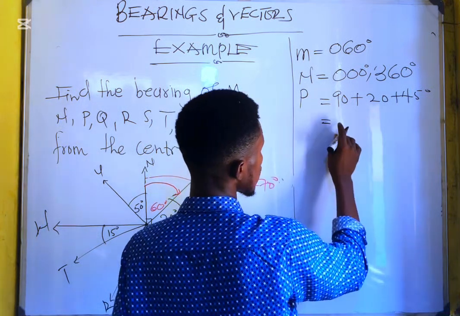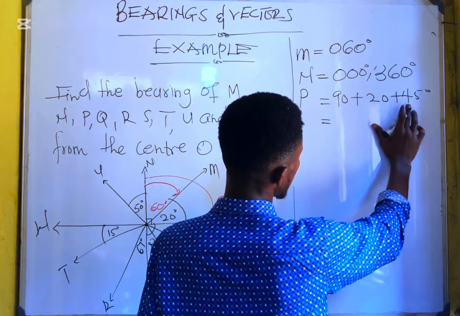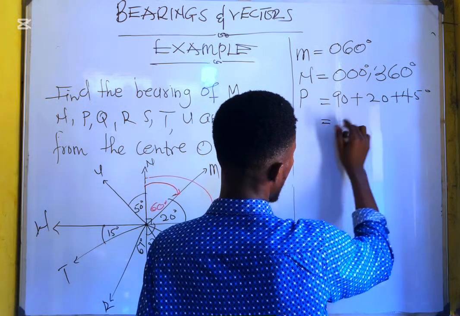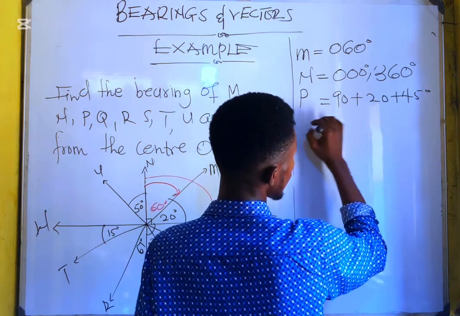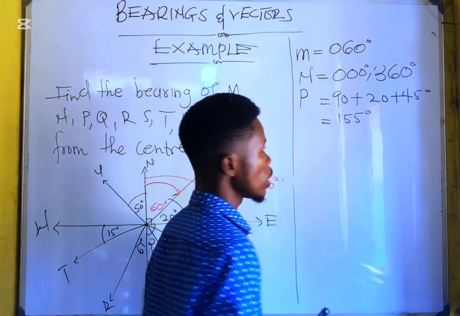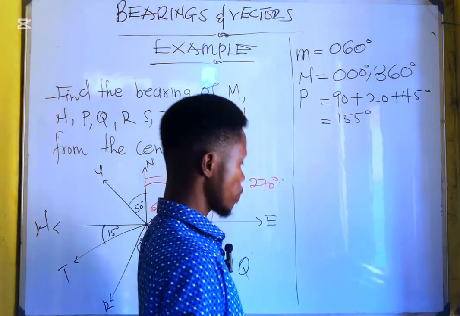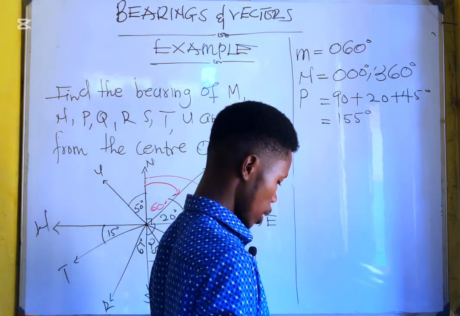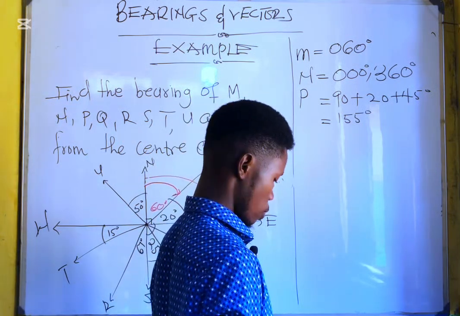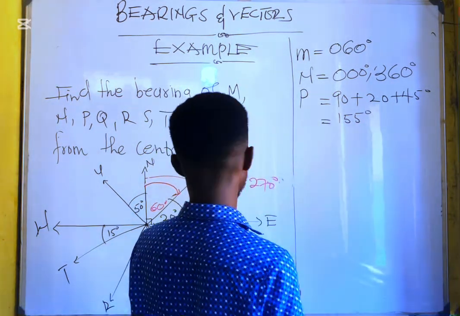So this will give us 90 plus this alone. Okay, 90 plus this is 155, right? So this P gives us 155. Let's try it and see. 90 plus 20 plus 45. Yes. So this gives us 155 degrees.